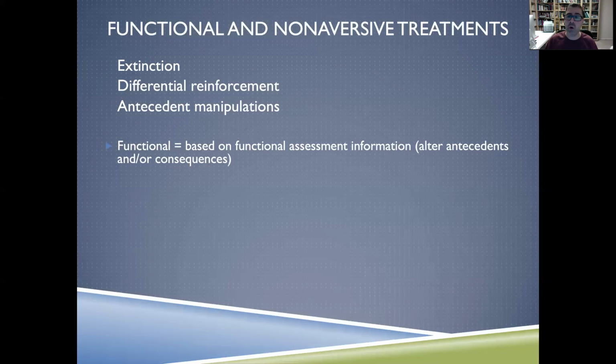So if we then alter those antecedents or alter these consequences, then you should see a change in the behavior, right? So if the behavior is maintained by attention, and then you remove attention, or the behavior stops producing attention, or if you remove the antecedents, or you change the motivation to get attention, that would involve changing the behavior in a functional way.